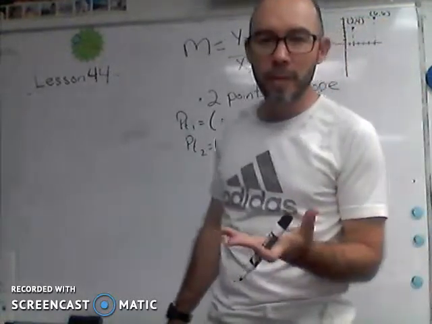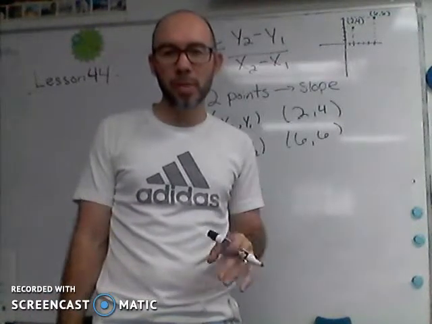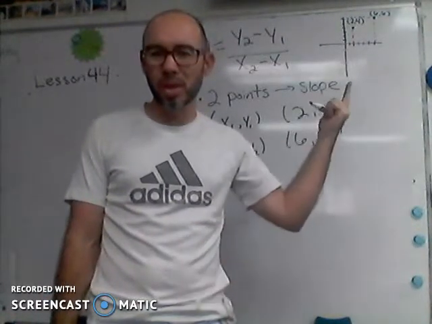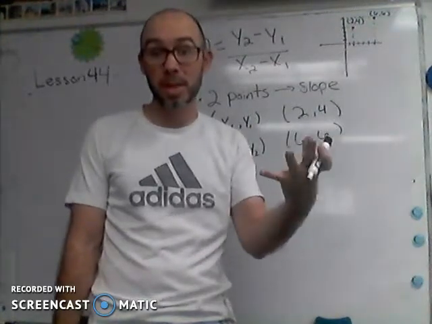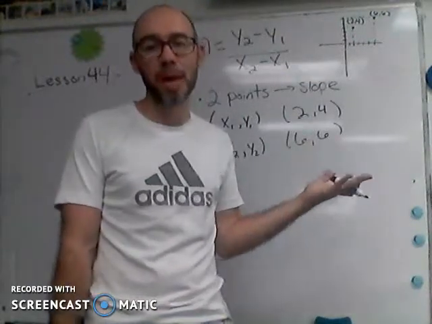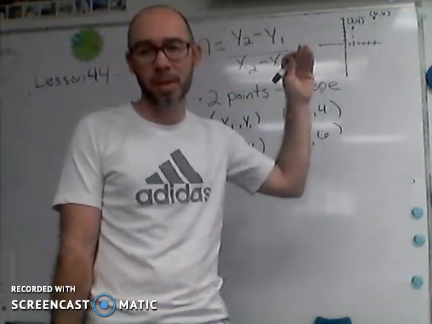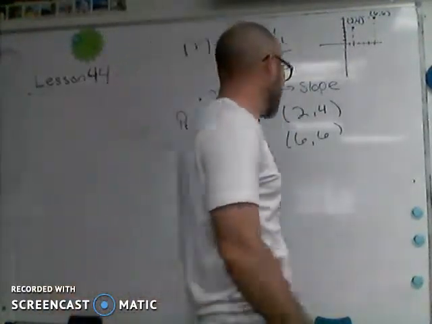And I'm a very visual mathematical person. So I usually use a little bit of graph paper and just plot those 2 points out so I can see where they are, and then my answer makes sense. My guess is that I'm going to have a positive answer for this because it looks like the slope is going up from the first point to the second point.